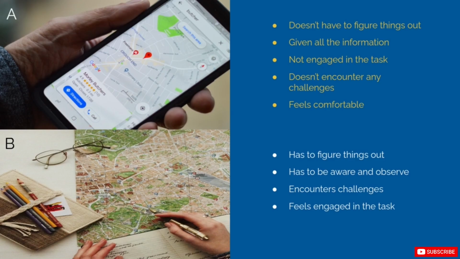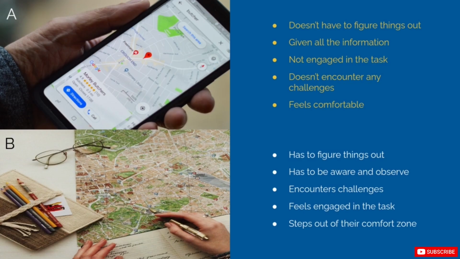If you're using a map and you're walking around, you'll probably find a place to stop where you can put the map down and take a closer look and figure out where you are. And compared to picture A, if you get lost and you just have a paper map, it might be a little uncomfortable because you really could get lost, and it's up to you. Maybe with the help of some other people, you can ask for directions, but it's up to you to figure this out. So you're going to feel a bit uncomfortable. Maybe you're out of your comfort zone.